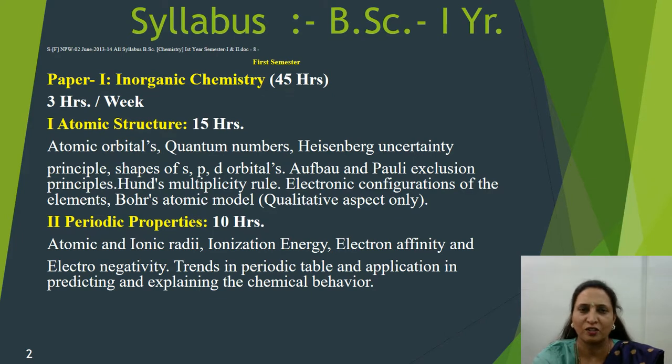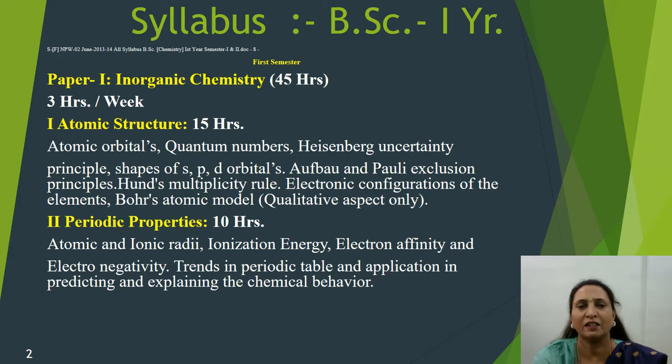This atomic structure includes atomic orbitals, quantum numbers, Heisenberg's uncertainty principle, shapes of s, p, d, f orbitals, Pauli's exclusion principle, Hund's multiplicity rule, electronic configuration of the elements up to atomic number 30, and the last one is Bohr's atomic model, which should be qualitative aspect only, no quantitative.